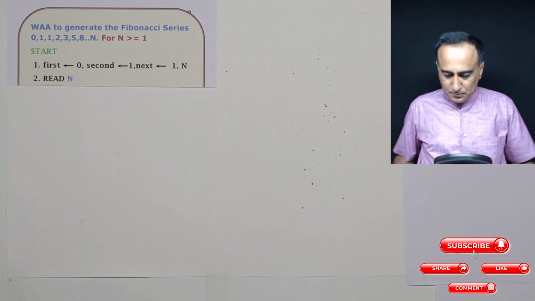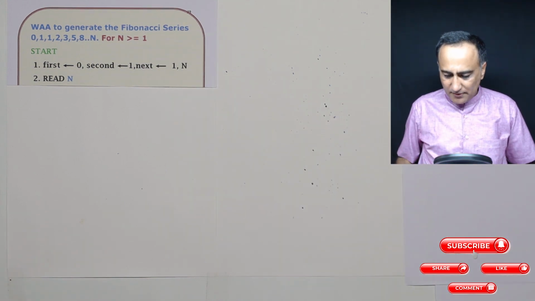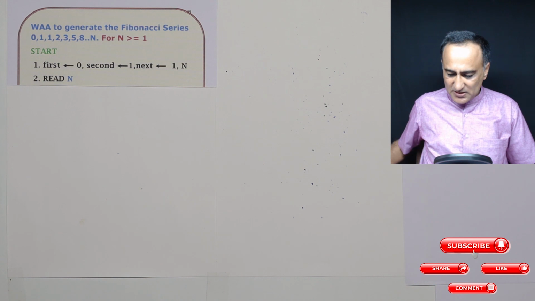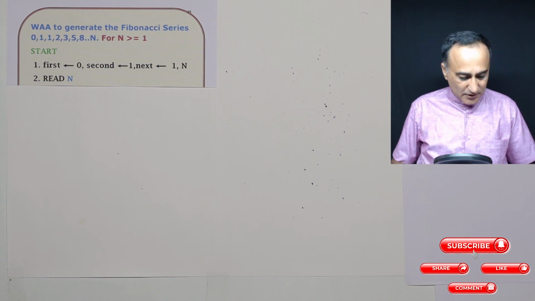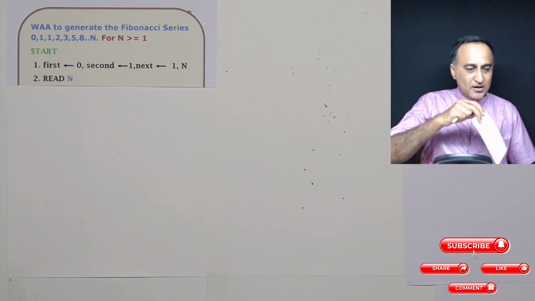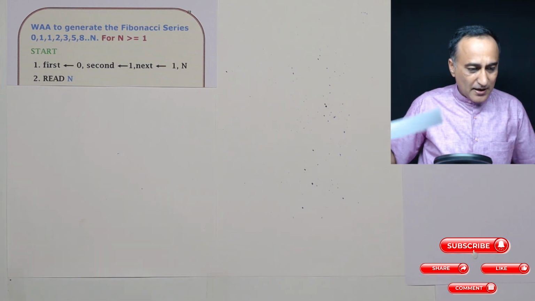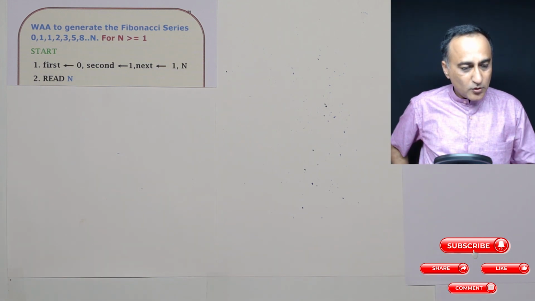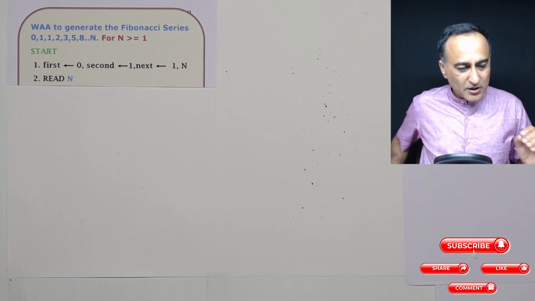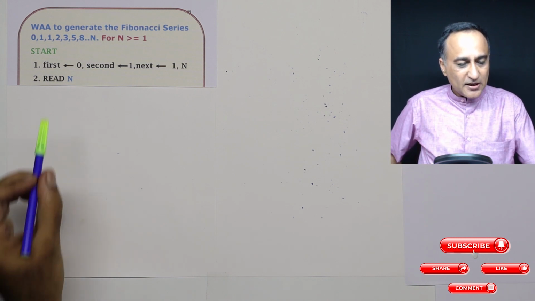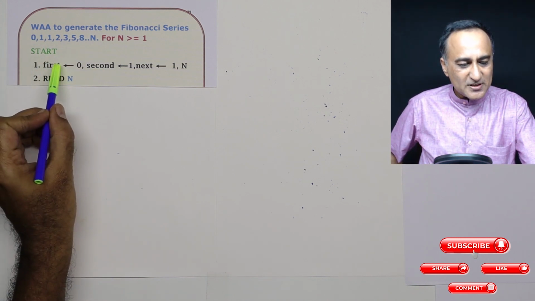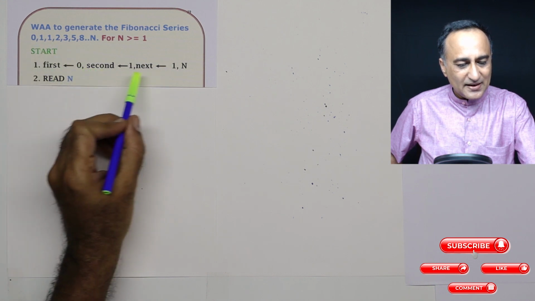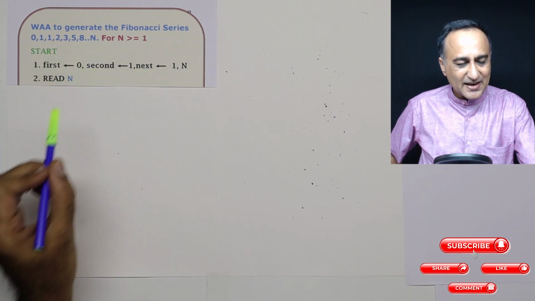Now let us first go about trying to develop this logic, and then we'll go ahead and do the testing as usual. Before I go ahead and do the remaining part of the logic, let me explain what these variables are. 0 happens to be first, 1 happens to be second, next is going to be first plus second.